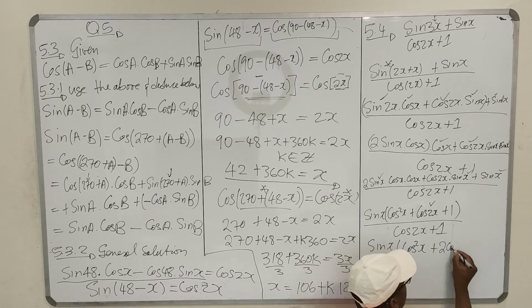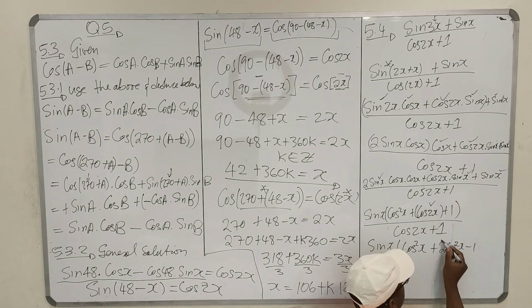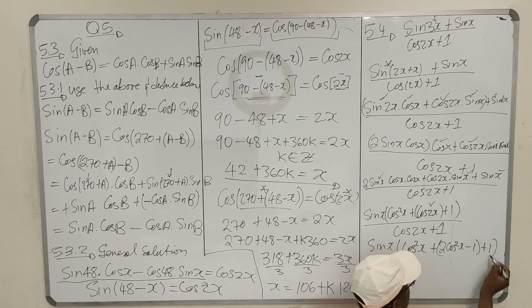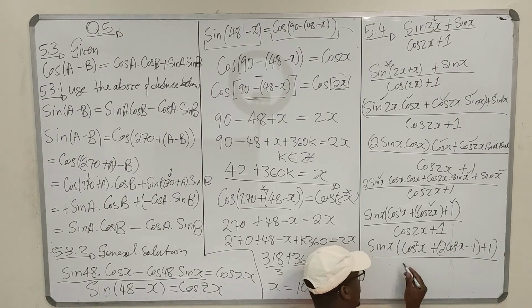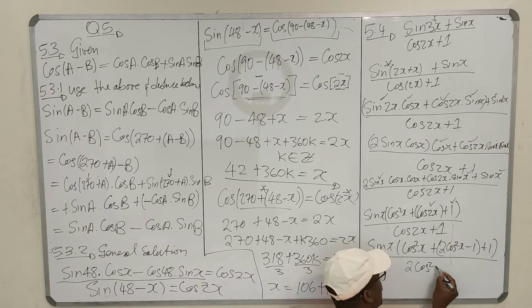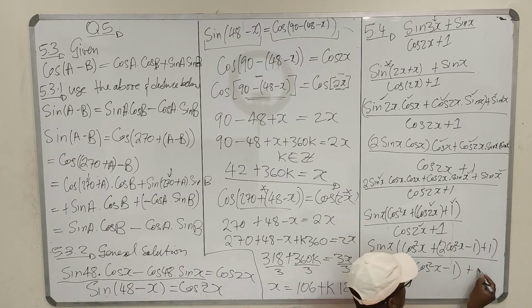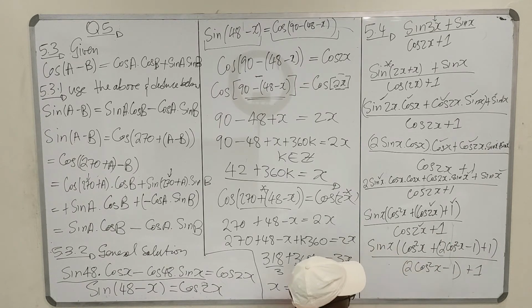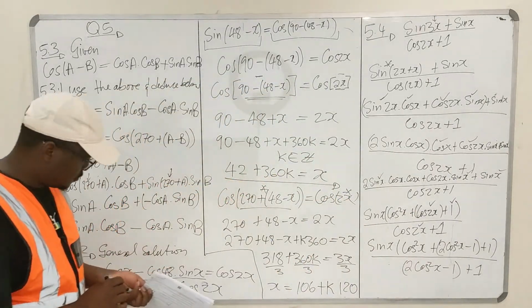This is 2 cos squared x minus 1, then plus 1, all divided by 2 cos squared x minus 1, then plus 1. No problem. What do we do? We say, okay, we'll clean this part and try to finish it.